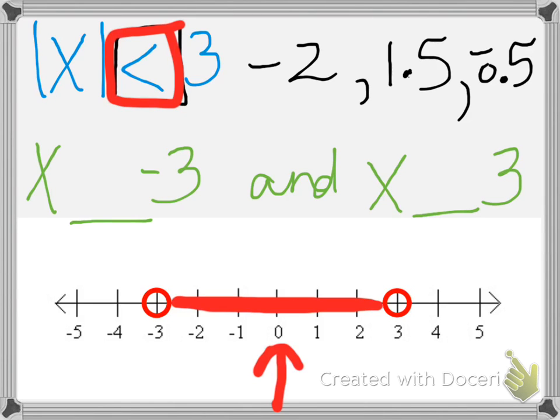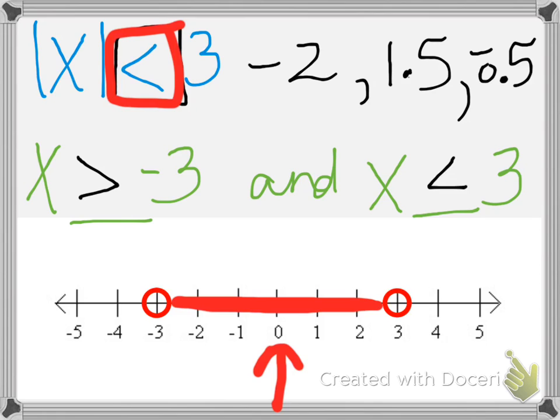So really what this graph is showing is two things. It's showing that I have values for x that are greater than -3, and those values for x are also less than +3.